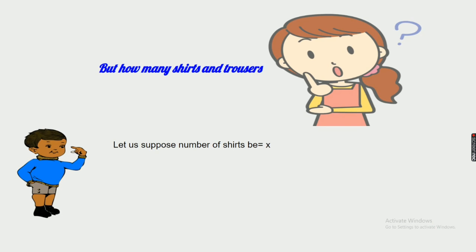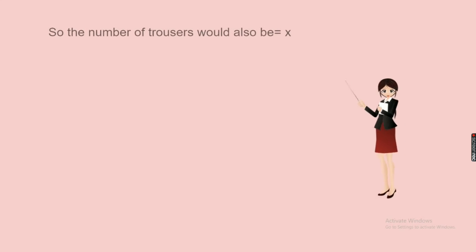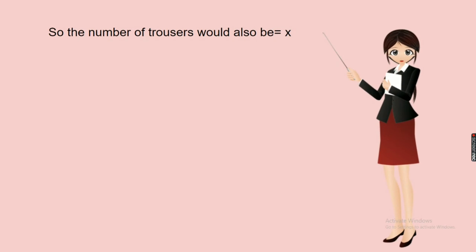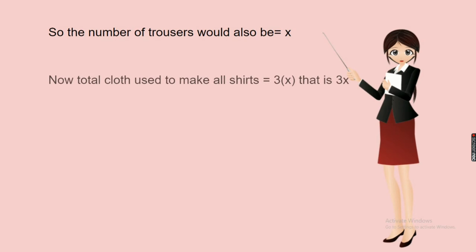Let us suppose the number of shirts be X. Since the number of shirts and trousers are equal, the number of trousers would also be X. Now, the cloth used to make one shirt was 3 meters, but we have to make X shirts, so the cloth used to make all shirts would be 3X.